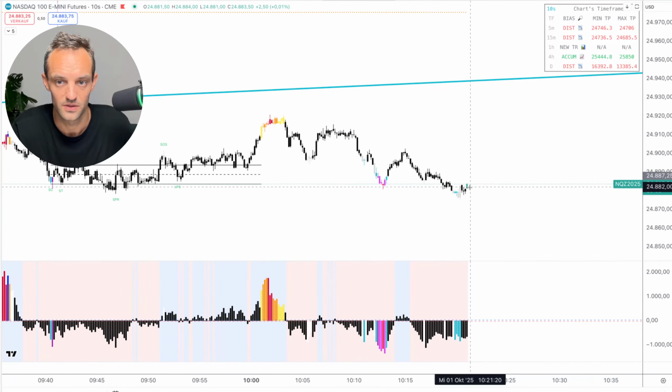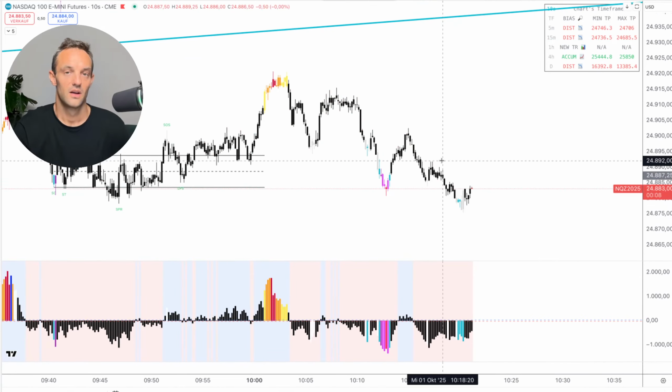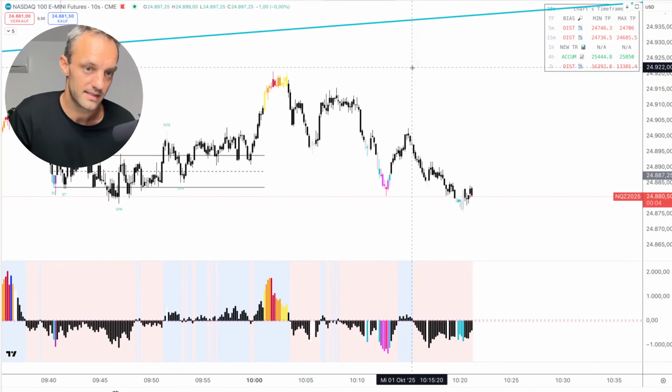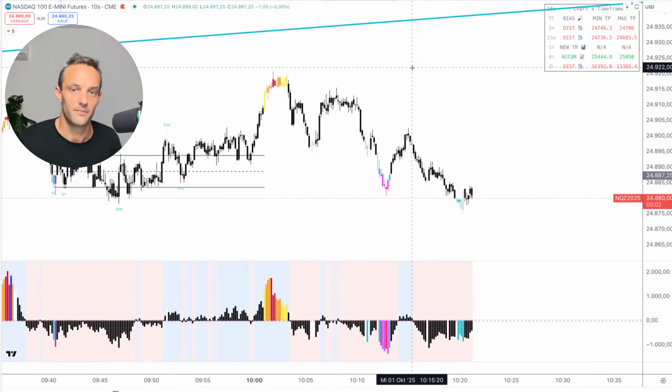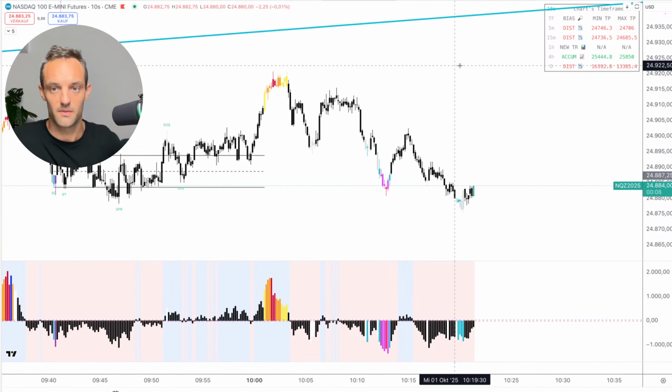So also now we see the colorful candles are going. We can use the same methodology. Most important thing is don't look at one time frame. Now I have here the 10-second time frame only.